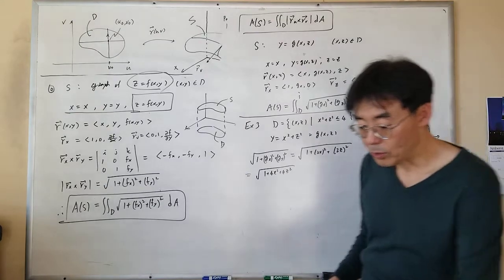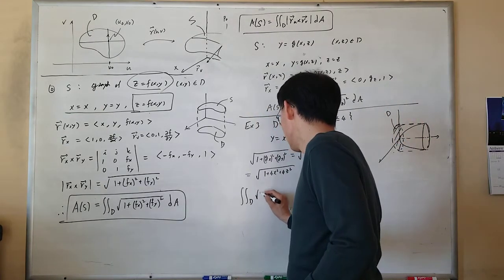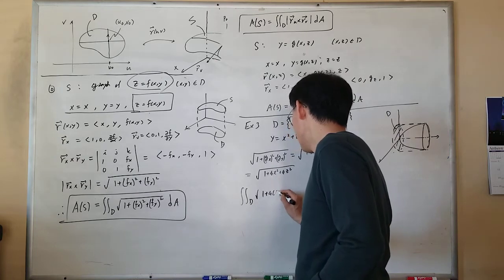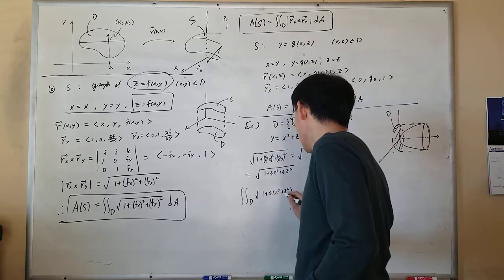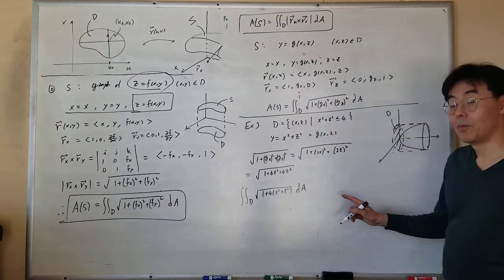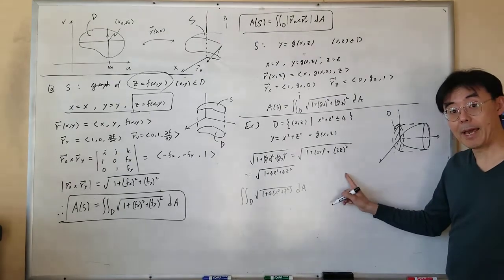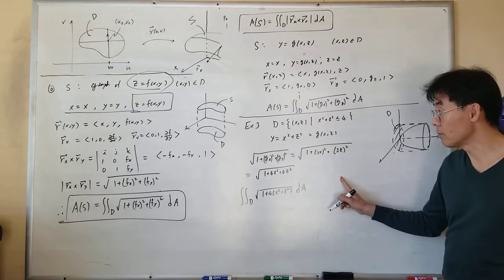So what you have to do is integrate this function, the square root of 1 plus 4 times x squared plus z squared, dA.